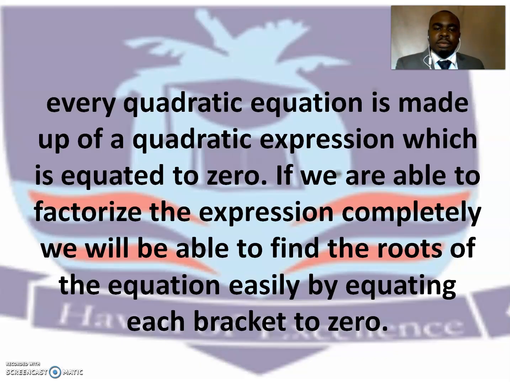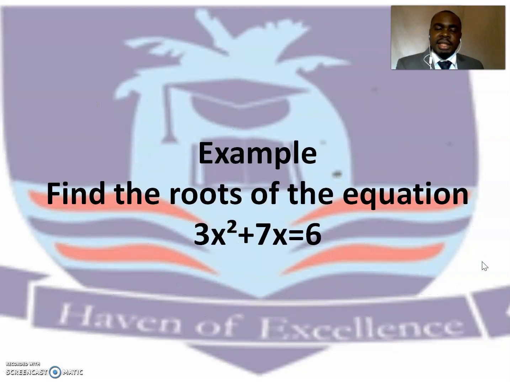Now, we all know that every quadratic equation is made up of a quadratic expression which is equated to 0. So if you're able to completely factorize that quadratic expression, we will be able to find the roots of the equation easily. Here's an example on the way it is handled. Here we have 3x squared plus 7x equal to 6.